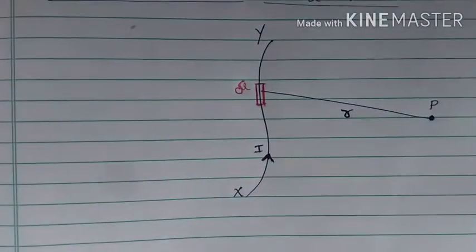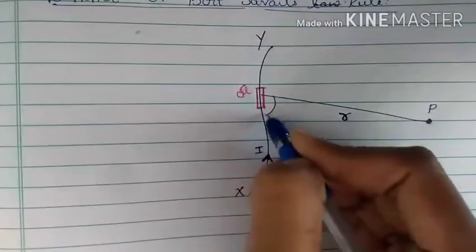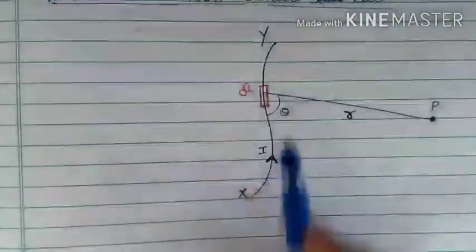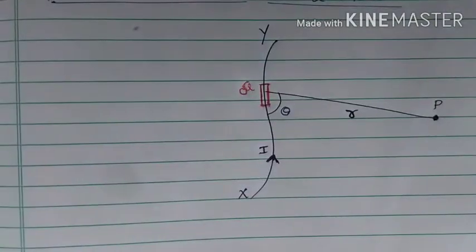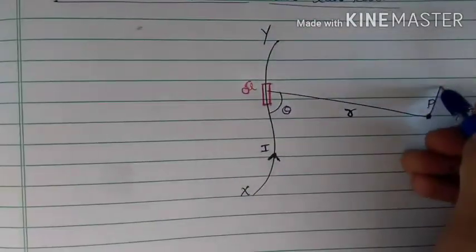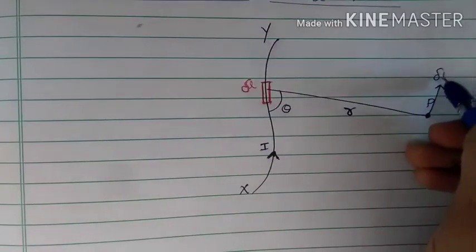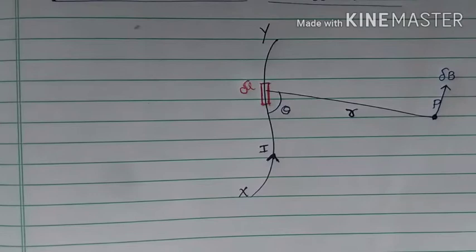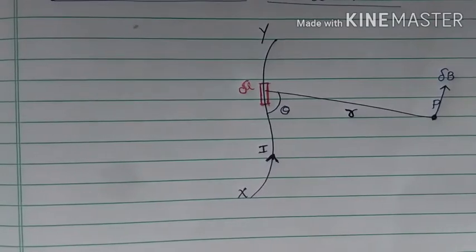And this is making an angle theta with the radius and the current element. Here the magnetic field will be in this direction, delta B. So this is the basic diagram that you have to understand before going to the rule.